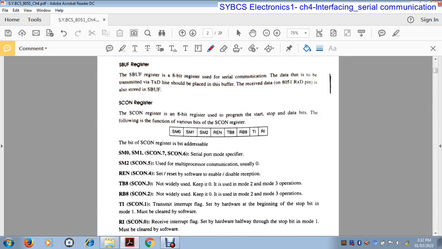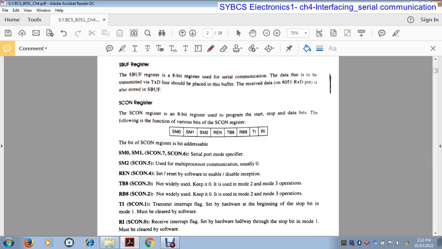Okay, now the next is the SBUF register. SBUF stands for serial buffer register. The SBUF register is an 8-bit register used for serial communication. The data that is to be transmitted via the line should be placed in the SBUF register. The received data is also stored in the SBUF register.